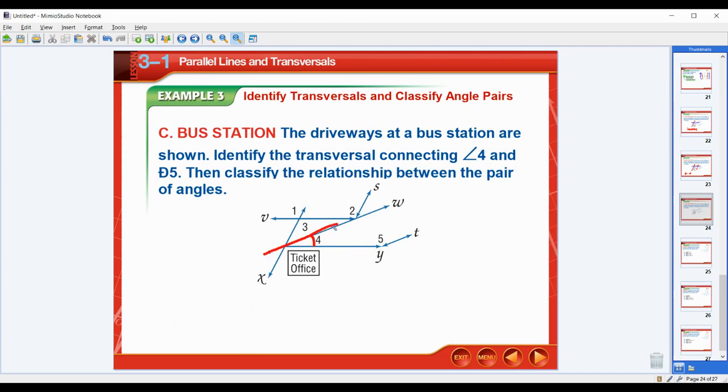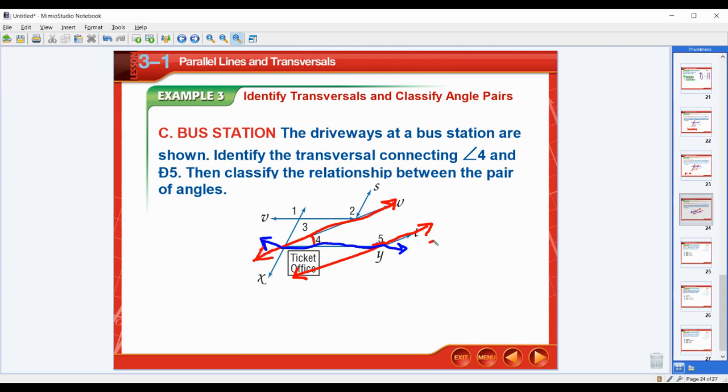So it looks like our two lines here are going to be W and T, and our transversal that connects both of these lines here would be line Y. Okay, line Y. So we've got angle 4, we have angle 5.